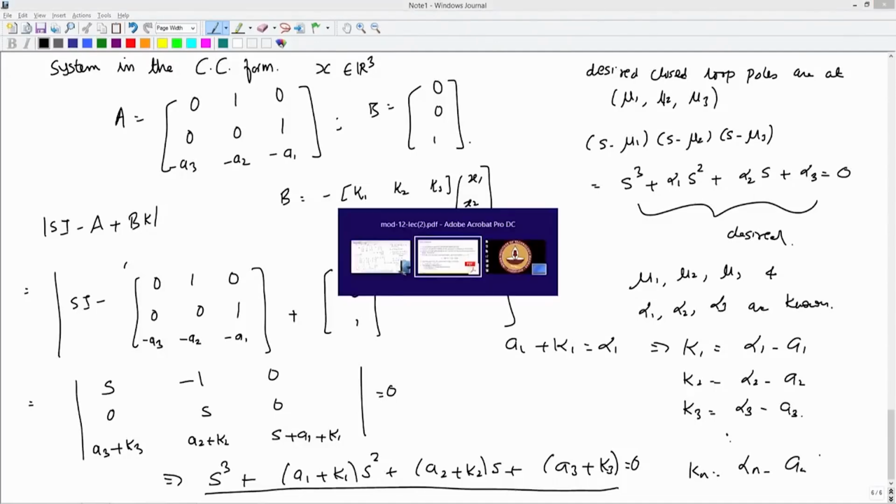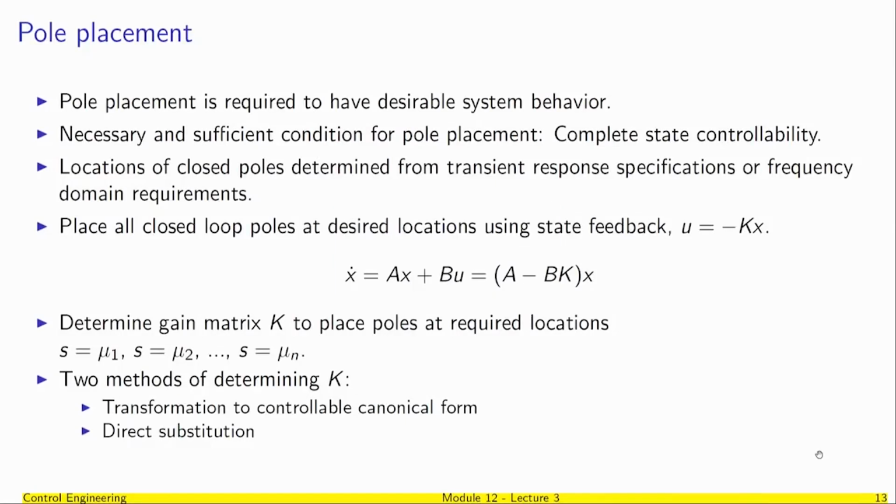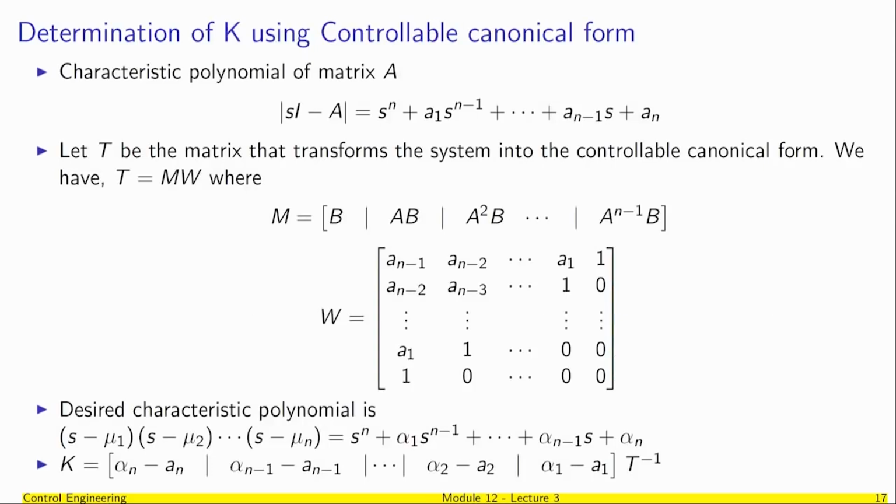Okay. So, we will write this down a little more formally now. I have the characteristic polynomial of this form, and if the system is not already in the controllable canonical form, I will use the transformation, the same thing, P inverse AP, or in this case I call it T, it will be T inverse AT, where I compute the transformation T in the following way.